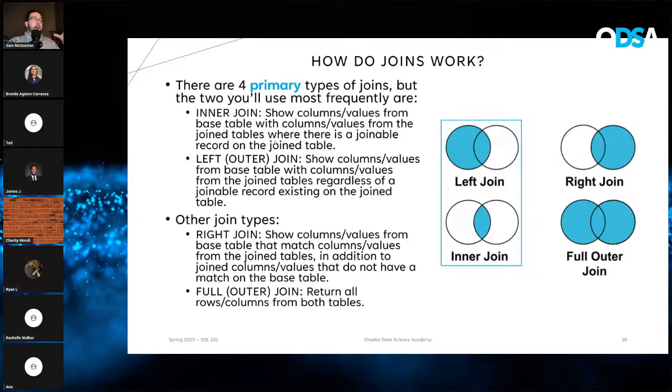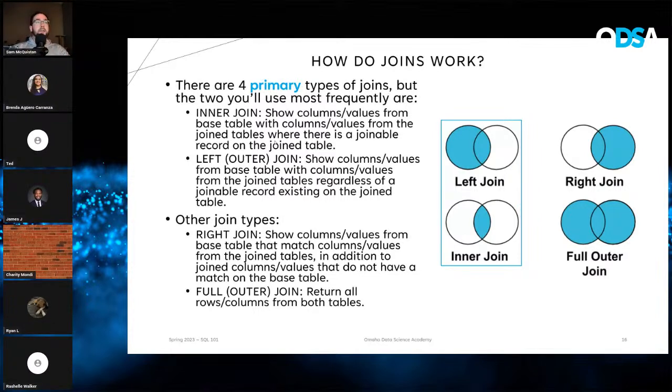So on a sales table, for instance, you might want to return every transaction you've ever made, but you also want to know what kind of products you sold. If you do an inner join there, you're only going to return sales transactions that had a joined product detail record from another table. And I'll go into more of these in depth on the next slide.